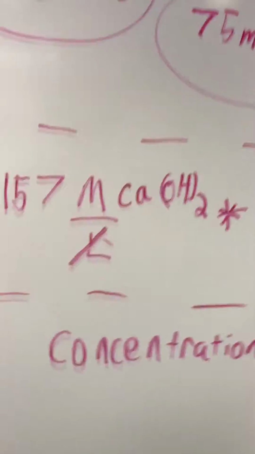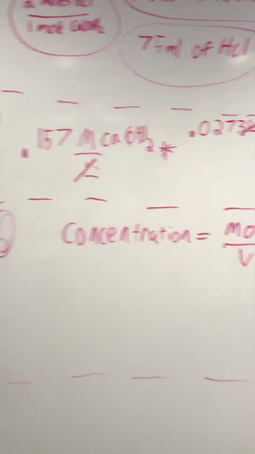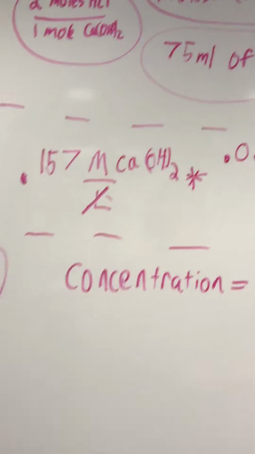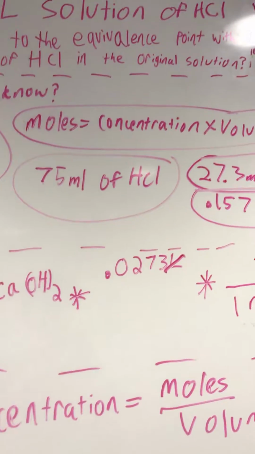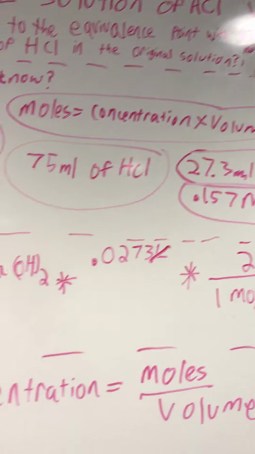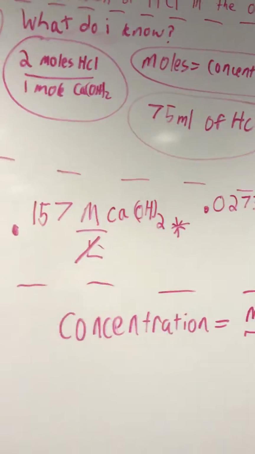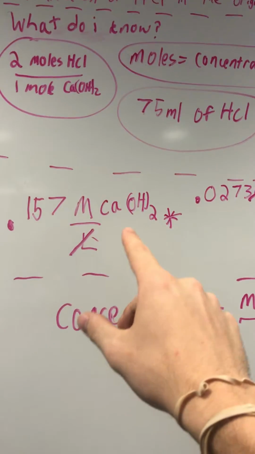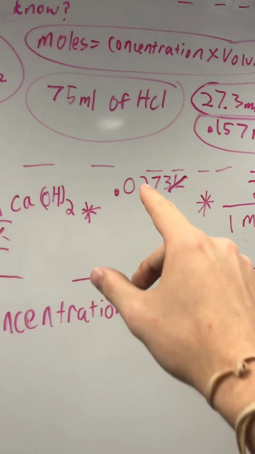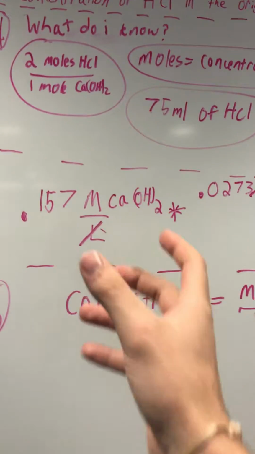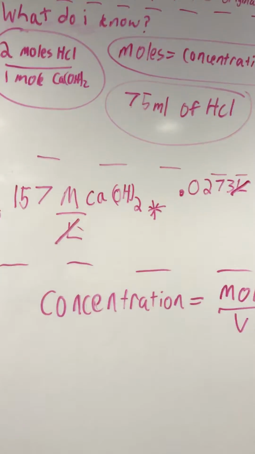So the first step is to figure out the moles of Ca(OH)2. Like I said, use this formula, which is moles equals concentration times volume. So you have your concentration of Ca(OH)2, and you multiply it by your volume, 0.0273 liters. This will give you the resulting answer of the moles of Ca(OH)2.